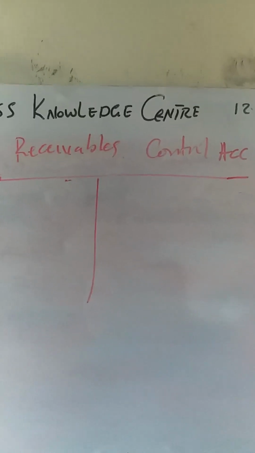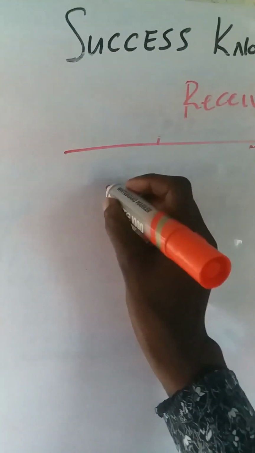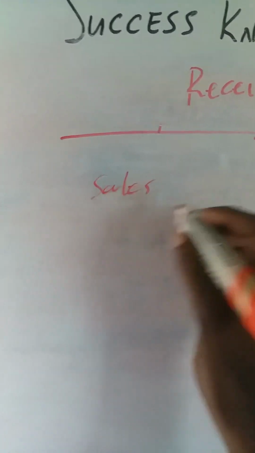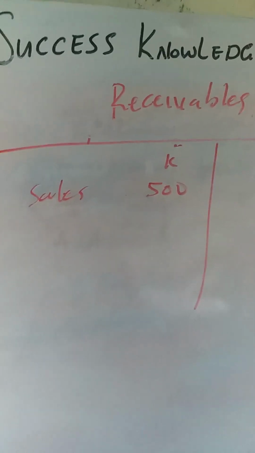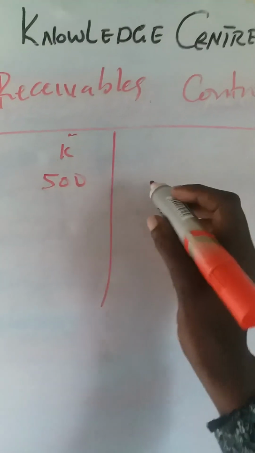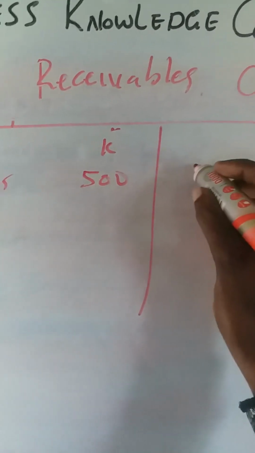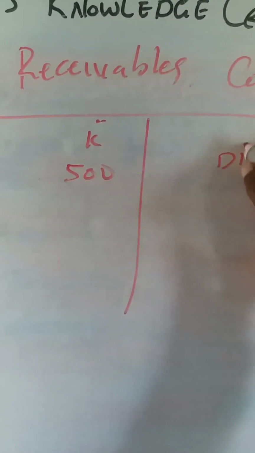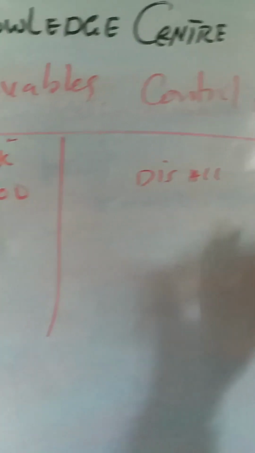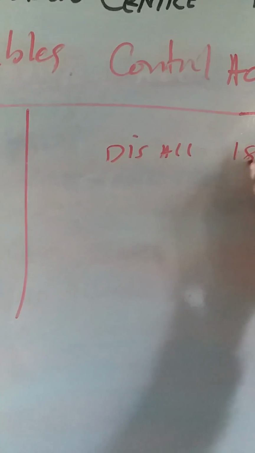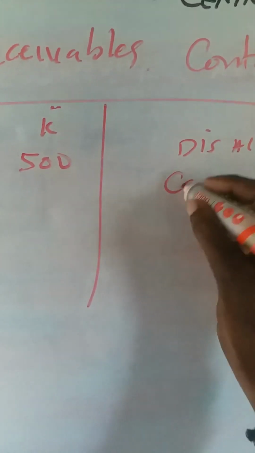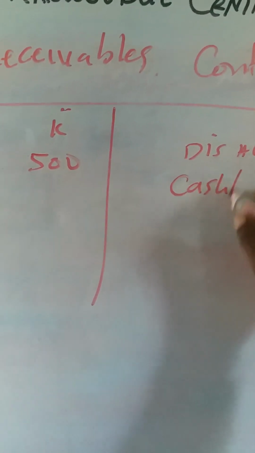Okay, the receivables control account now. The receivables account will have the total from the sales, 500 kwacha, on the debit. Then it's going to have the discount allowed amount, which was 18 kwacha, and then the cash or bank that we received from our clients.